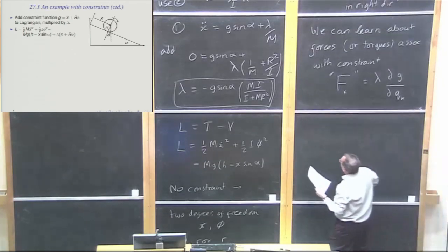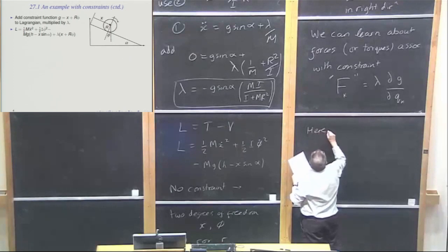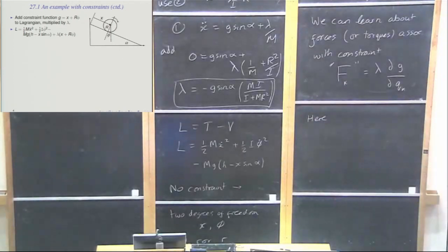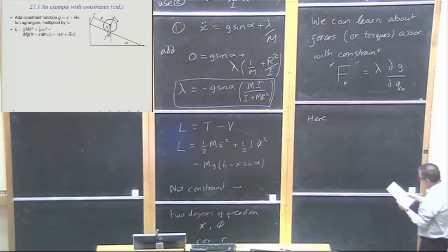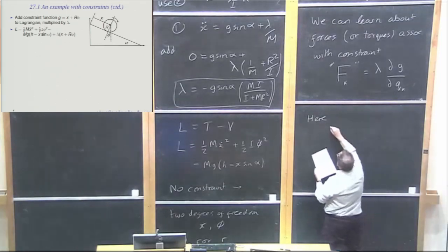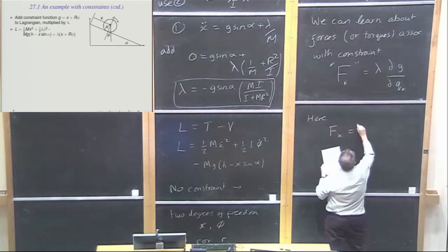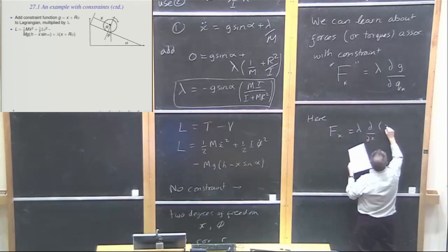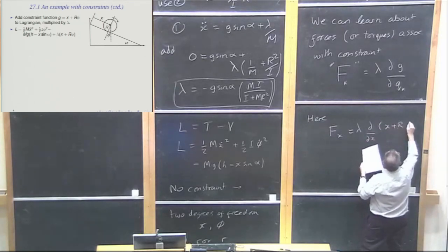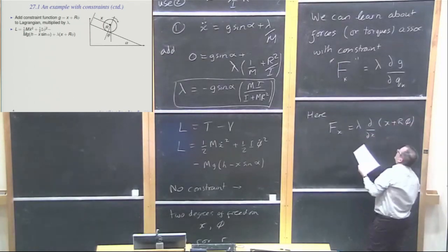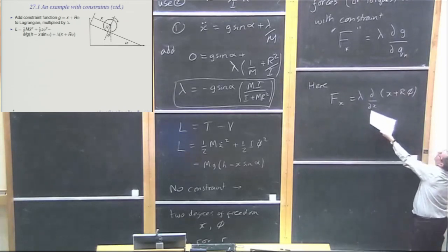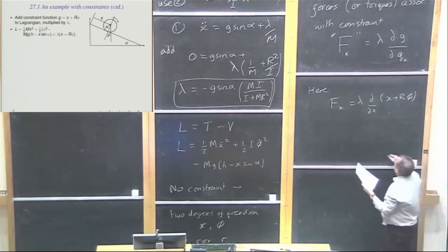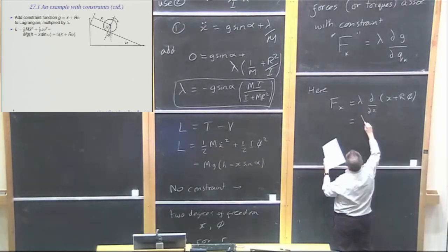So here, we have two generalized coordinates when we forget about the constraint. That's x and phi. So for x, we have f of x will be lambda times d by dx of this equation, which is x plus r phi. So the derivative of this with respect to x is trivial, right? It's just 1. So f of x will just be equal to lambda.